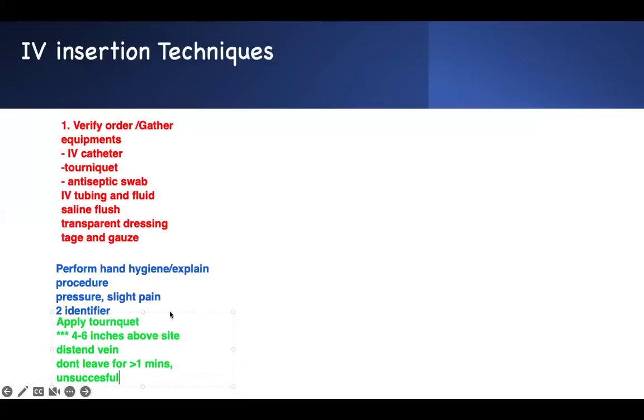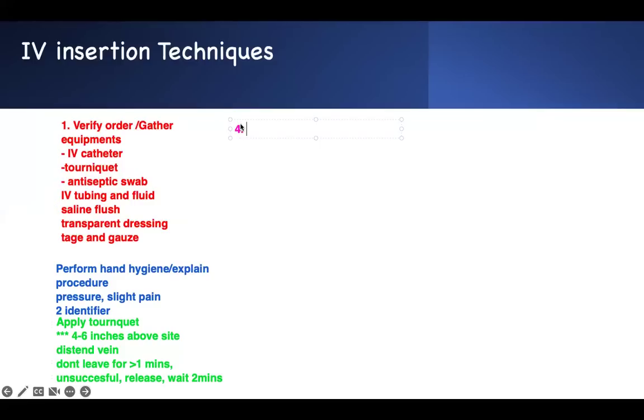Don't leave the tourniquet on; release it. Wait another 2 minutes before applying it again. Very important. Unsuccessful, release it, and wait for 2 minutes before applying it again. And those are the keys associated with the tourniquet: application 4 to 6 inches above the IV site.